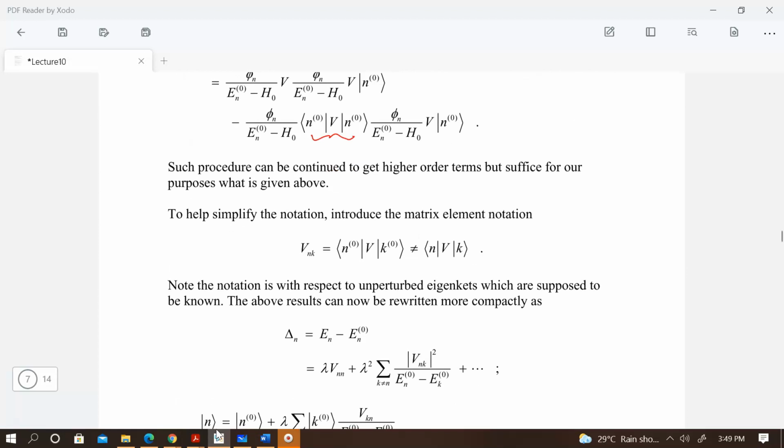We're going to rewrite your potential operator over here in terms of its matrix elements, which is given by V_kn over here. These are matrix elements with respect to the unperturbed basis states. So V_kn here is different from this quantity.